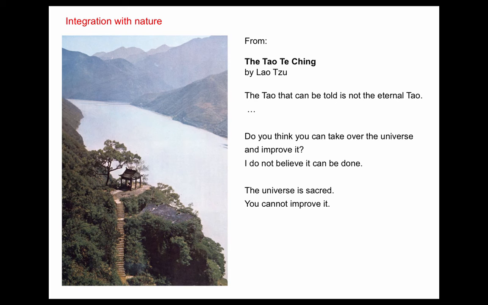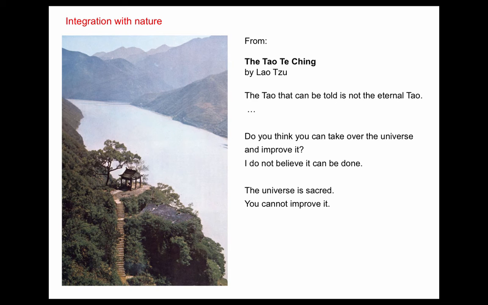The Tao is the way of all things, the processes of nature, but beyond that, the processes of the universe. And at one point he says, do you think you can take over the universe and improve it? I do not believe it can be done. The universe is sacred. You cannot improve it. So we want to be, not that China's doing that today, but we want to be integrated with nature, letting it flow through us and through our architecture.